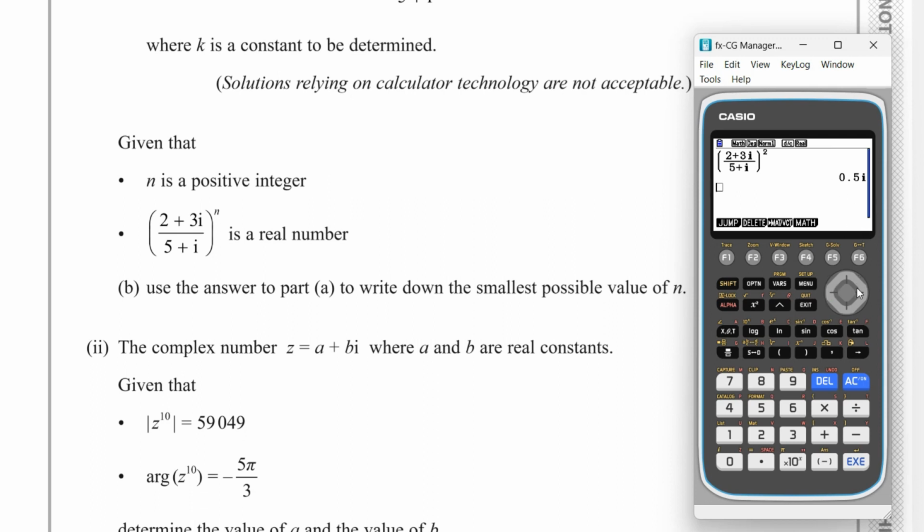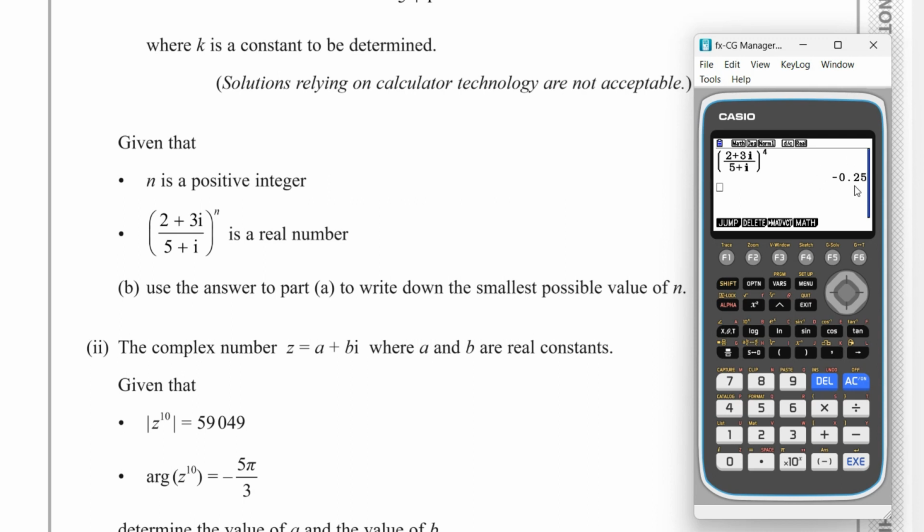That contains an imaginary term, so what we want is something that's purely real, so let's try n equals 3. We end up with negative 1/4 plus 1/4 i. It contains an imaginary term. So now let's try the next value of n of 4.